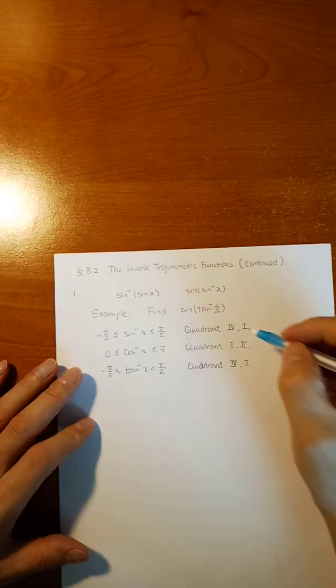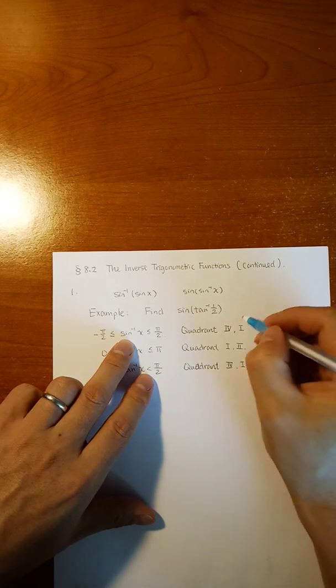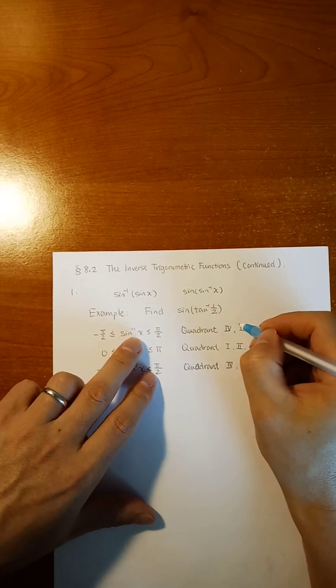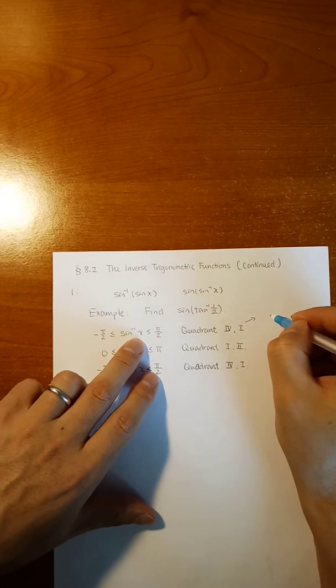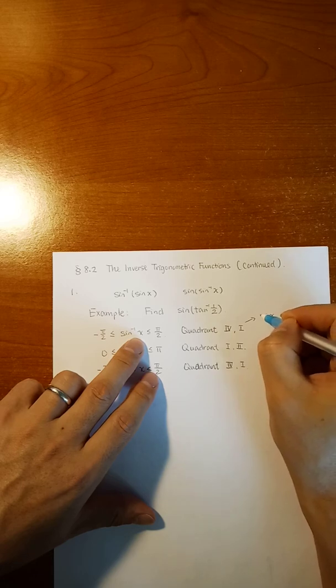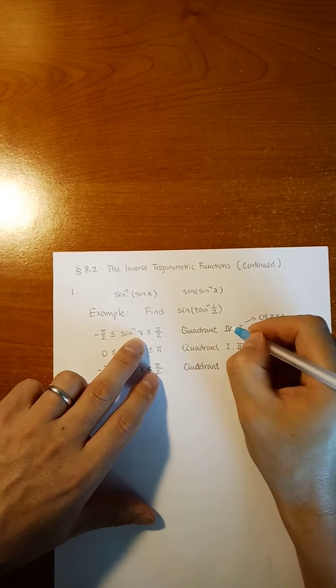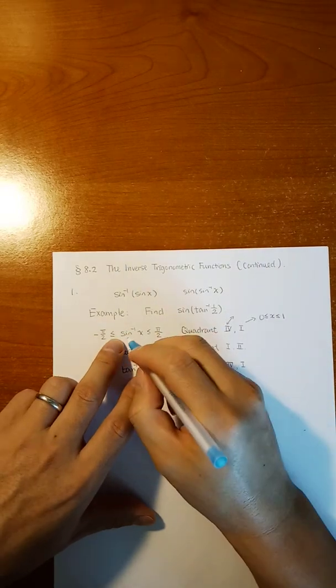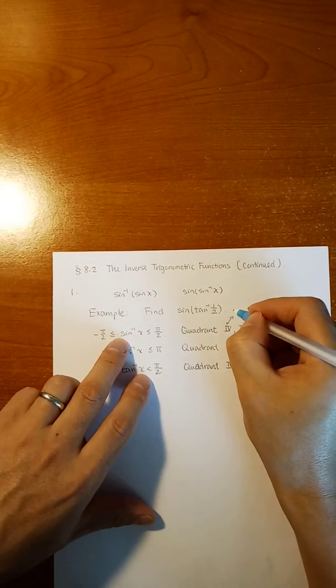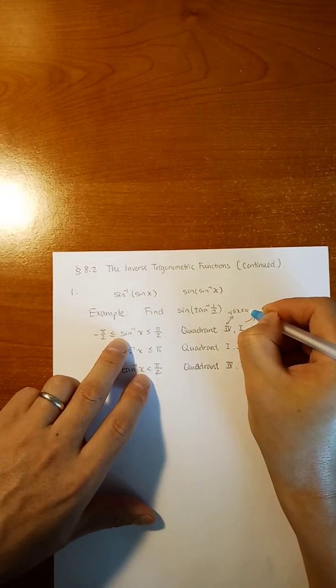Also, for the first quadrant, the sine inverse corresponds to x between 0 and 1. For the fourth quadrant, x is negative, between negative 1 and 0.